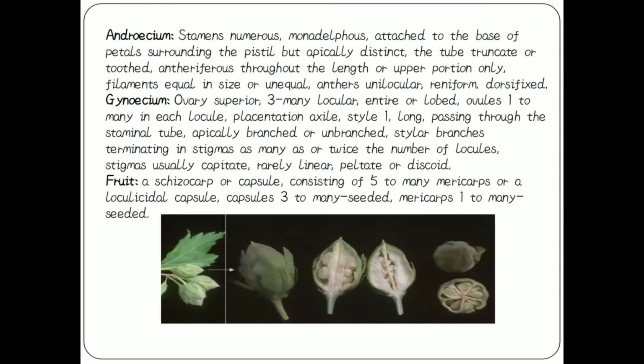Let's discuss the androecium. Androecium or stamens are numerous, monodelphous, attached to the base of the petal, surrounding the pistil, but apically distinct, the tube truncate or toothed.